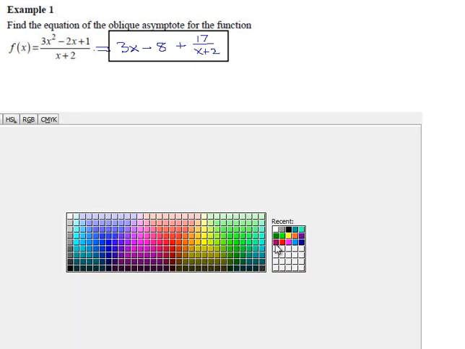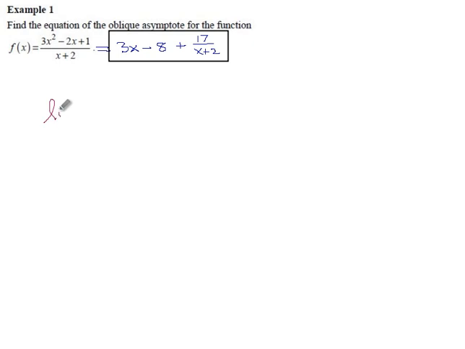And that means if we do the limit as x goes to infinity of 3x minus 8 plus 17 over x plus 2, when x gets very, very big, the denominator becomes very big. 17 divided by very big becomes negligibly small. This whole term vanishes. And that means as x gets very big, this function starts to behave like 3x minus 8. This is the only part that survives.